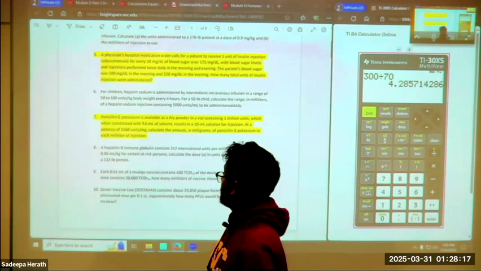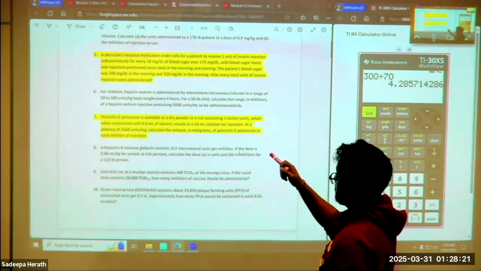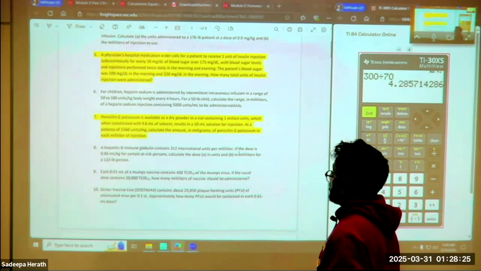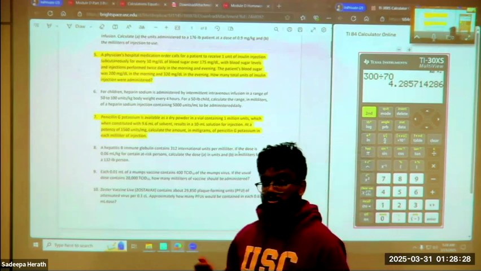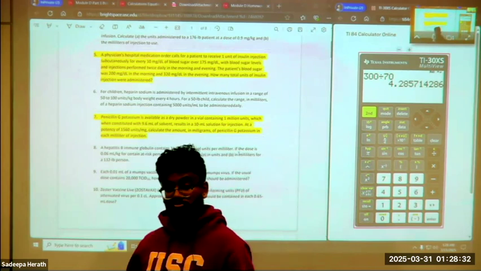They're giving us two concentrations of blood sugar, and they want us to find out how much insulin was administered for each time and total together.